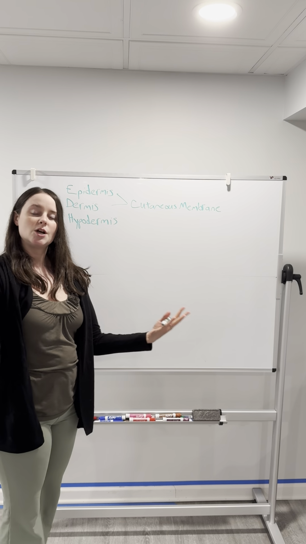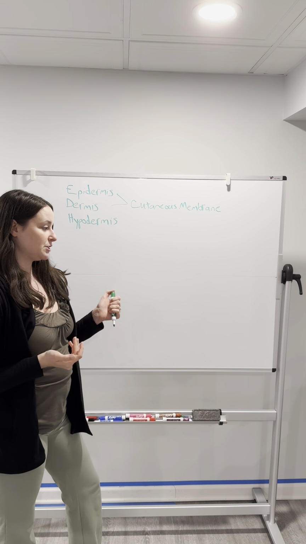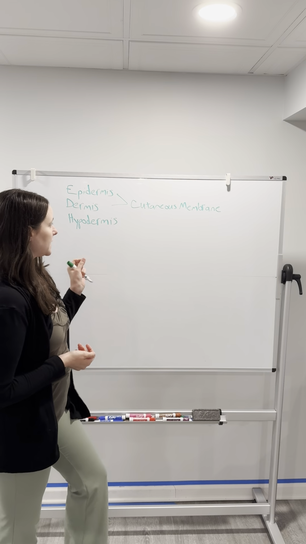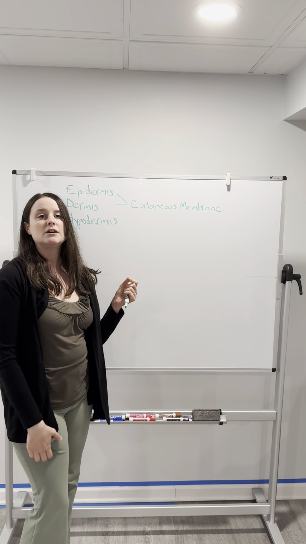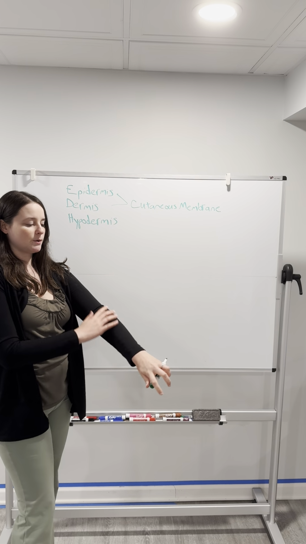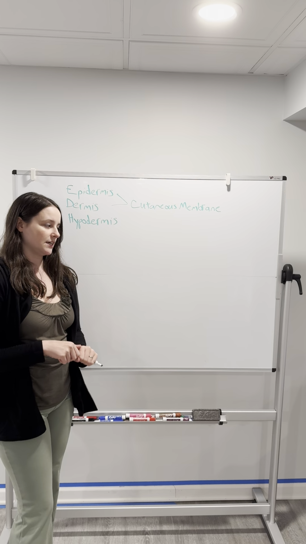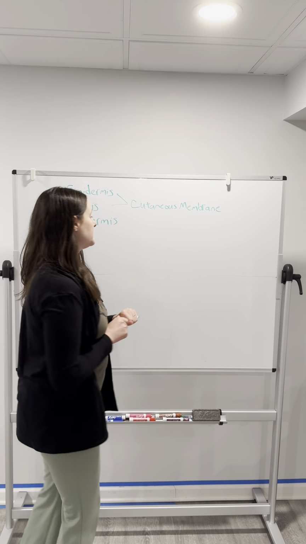So keratinocytes produce that keratin. So it's a major cell found in the epidermis, and they're tightly connected via desmosomes, okay? And that's what falls off. So when we have dead skin falling off, that's those keratinocytes, okay?